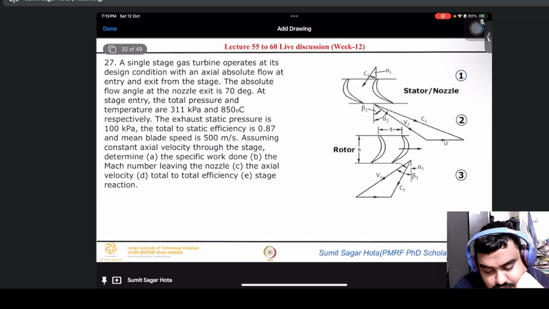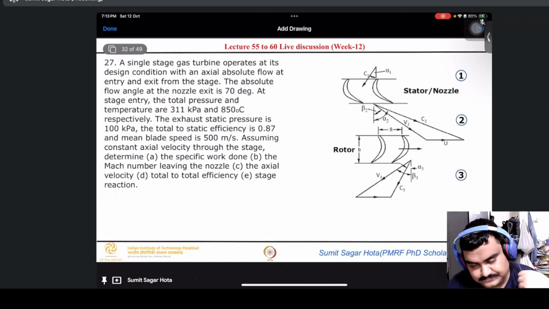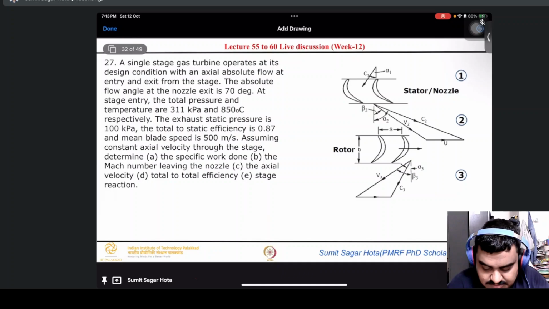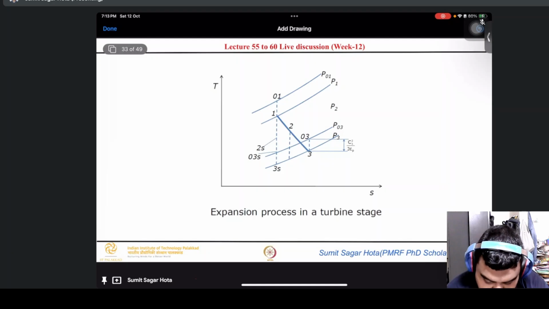Okay, so let's start this question. This is the TS diagram for this above question.